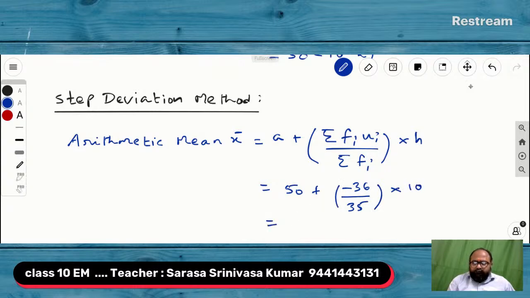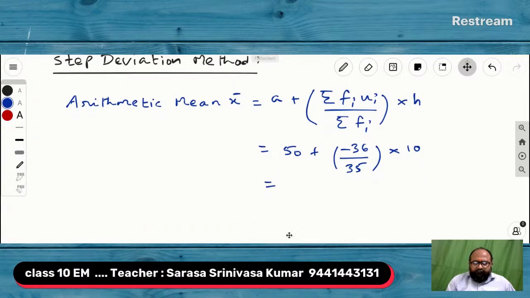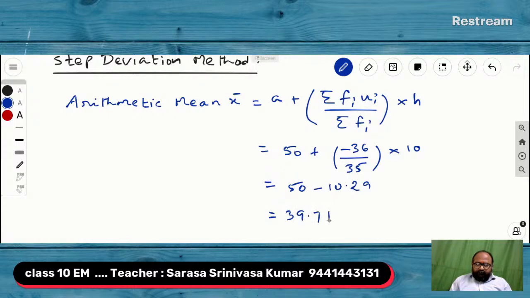This is equal to 50 minus 10.29, which is equal to 39.71.